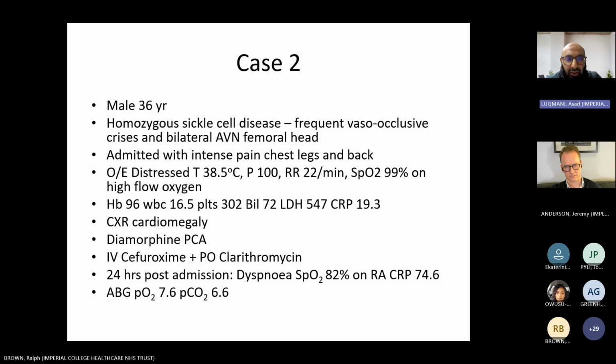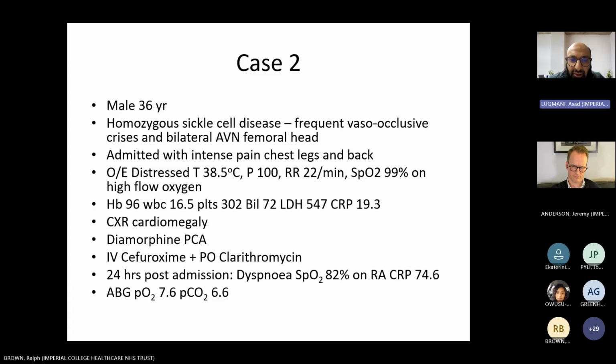You can see his blood work up there, hemoglobin of 96, slightly elevated white cell count, and bilirubin and LDH elevated, but we don't know what his baseline is. CRP of 19, chest X-ray showing cardiomegaly, and he was started on a diamorphine PCA and broad spectrum antibiotics.